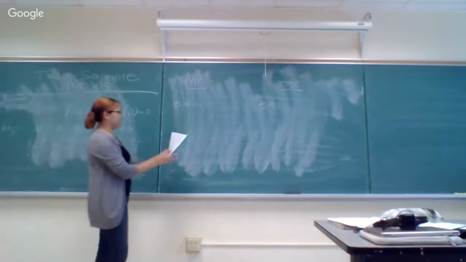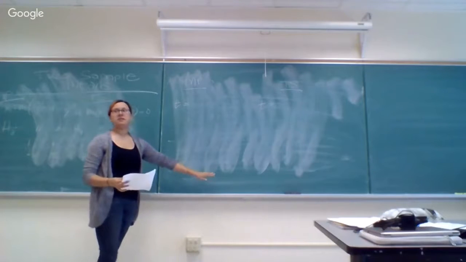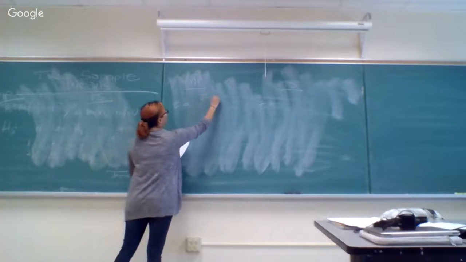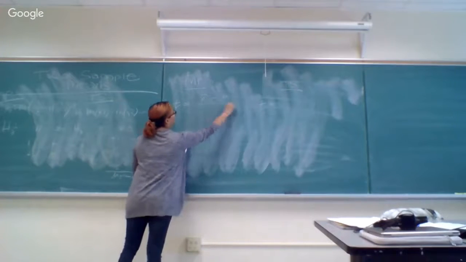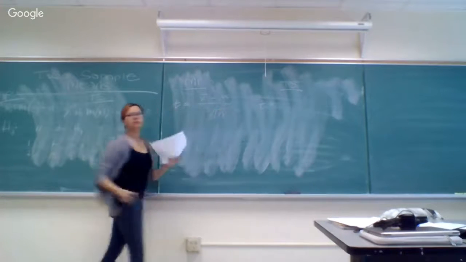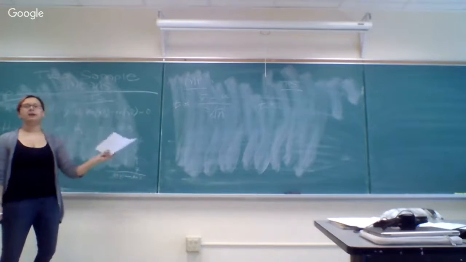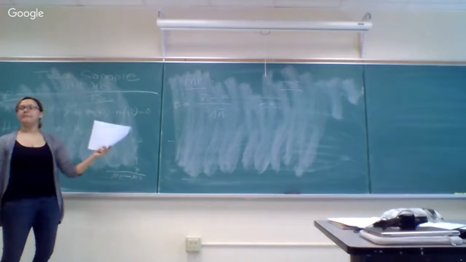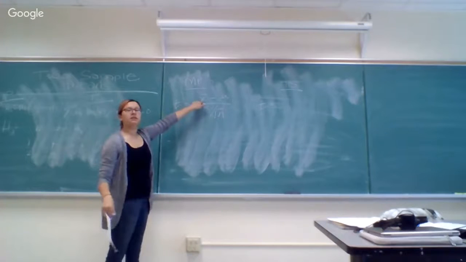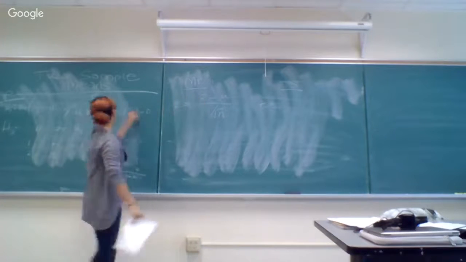So our t statistic is going to look a lot like the z statistic I just showed you. We're going to have x bar minus mu over s over square root of n. That looks a lot like the one before, right? So in this case, this is our observed difference mean number.